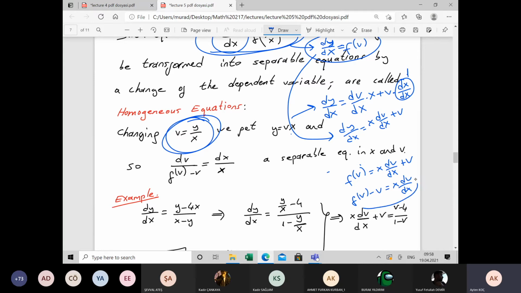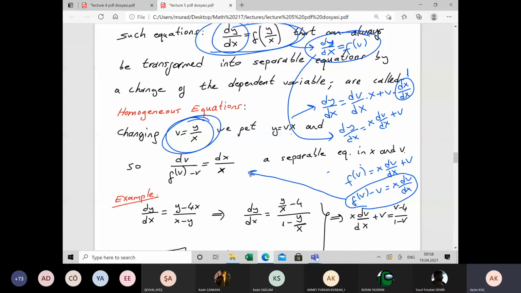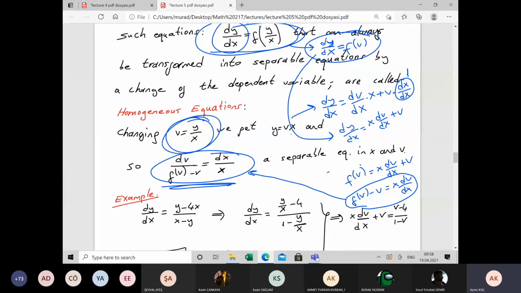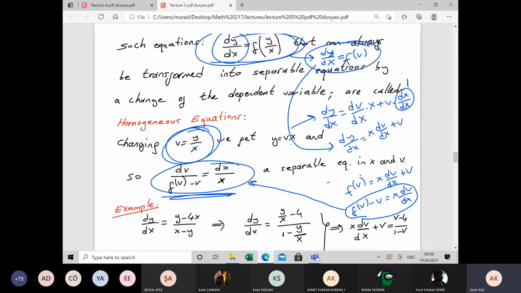And yes, we obtain a separable equation. So separate the parts, and we obtain dv over f of v minus v equals dx over x. This is a new separable equation in x and v, so we know how to solve it. Then, using the back substitution, we obtain the solution of our differential equation.